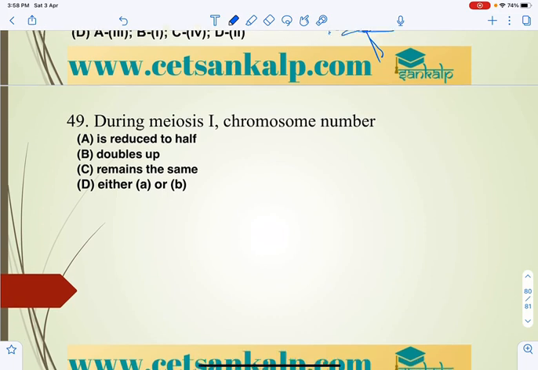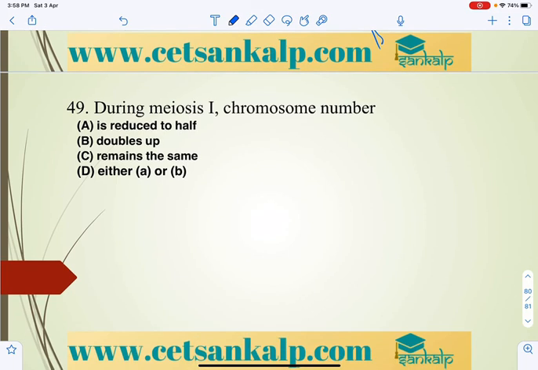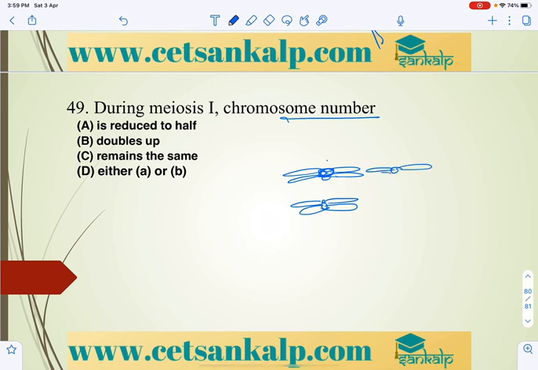Next, during meiosis 1, the chromosome number. What happens during meiosis 1 generally? Out of 2 homologous chromosomes, 1 will move. Just assume the homologous chromosomes are like this, in the paired condition. Only 2 of the 4 will move to one cell.